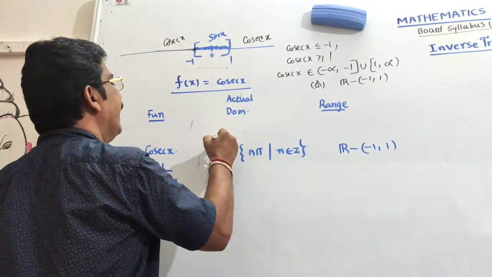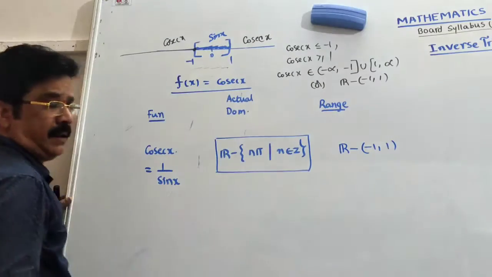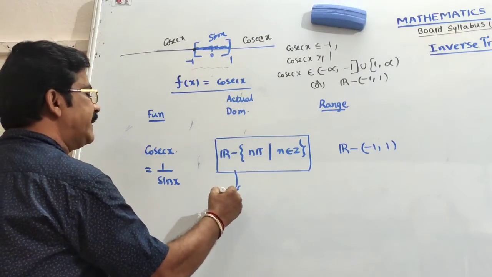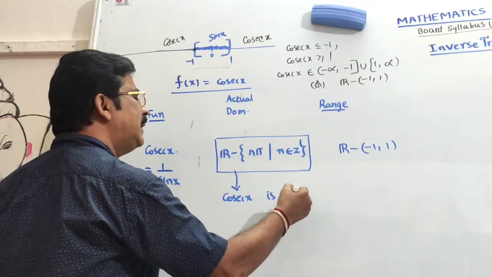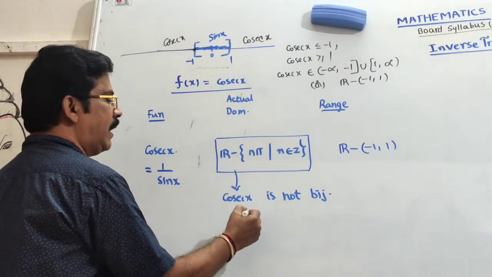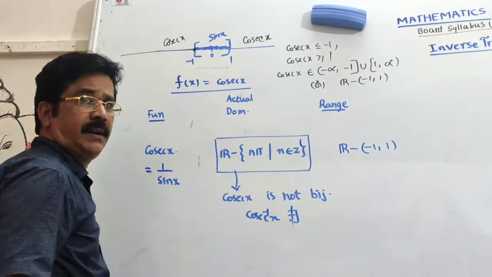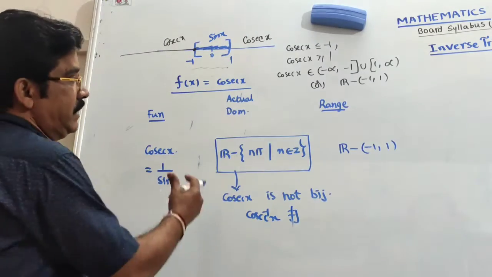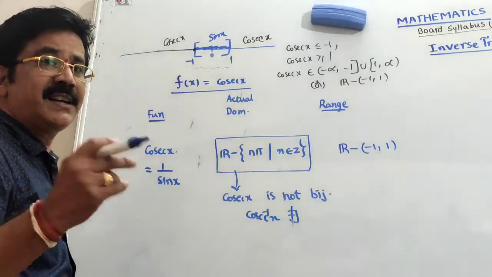So in this entire area, cosecant x is not bijective. Therefore, in this area, cosecant inverse x does not exist. That's why we restrict this area, so that cosecant inverse x exists.